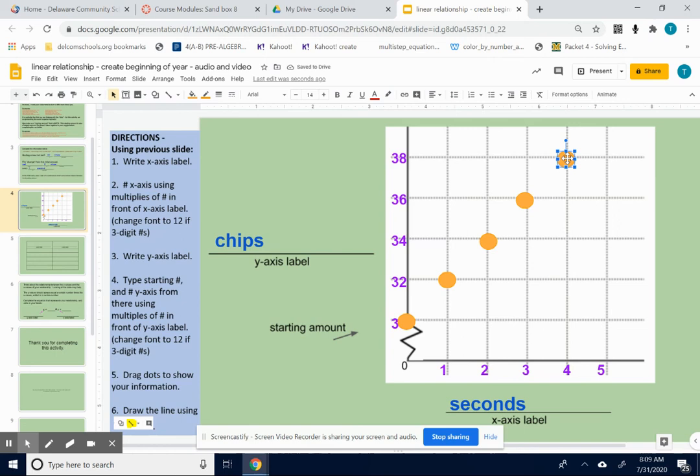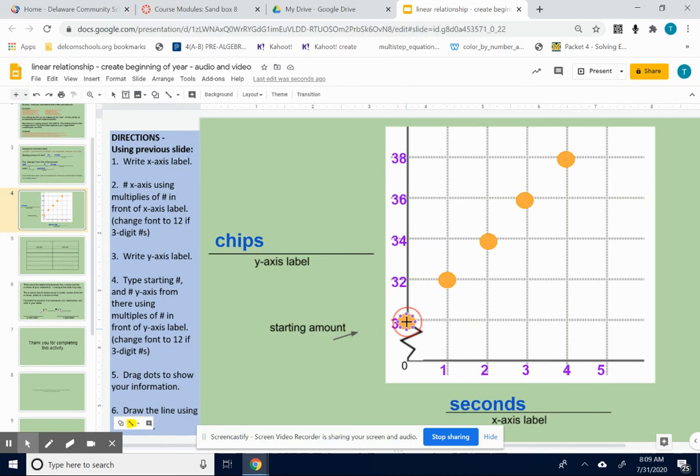And then the last thing you want to do is draw the line. Use this line feature. It's down under the word arrange. Just click on that, and then try to get on top of your first point. Mine's 30.